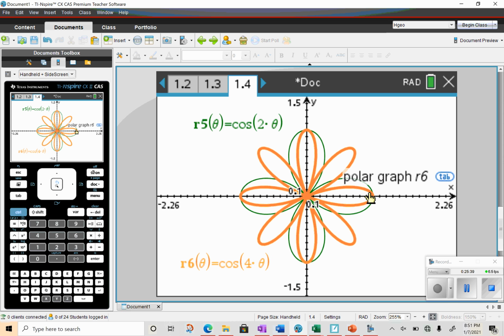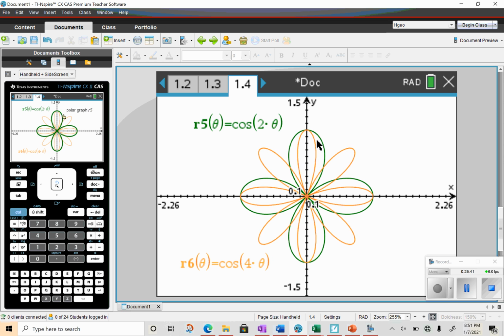We now have 1, 2, 3, 4, 5, 6, 7, 8 leaves on that rose. Okay, so for 2 times theta, we get 4 leaves. For 4 times theta, we get 8 leaves.